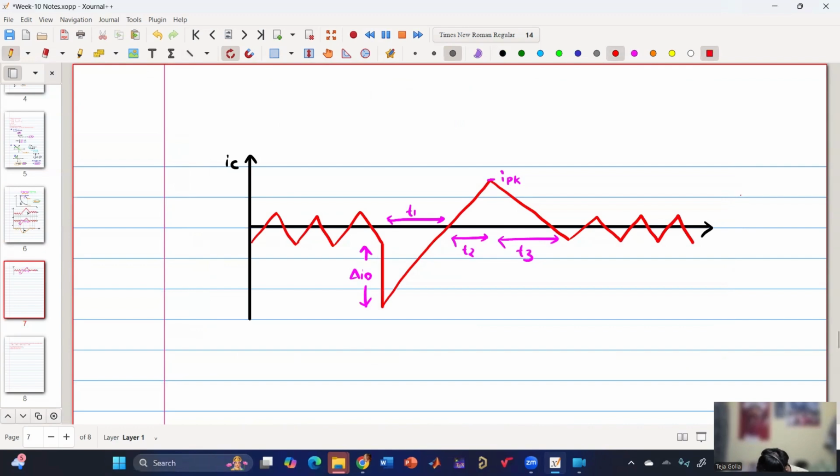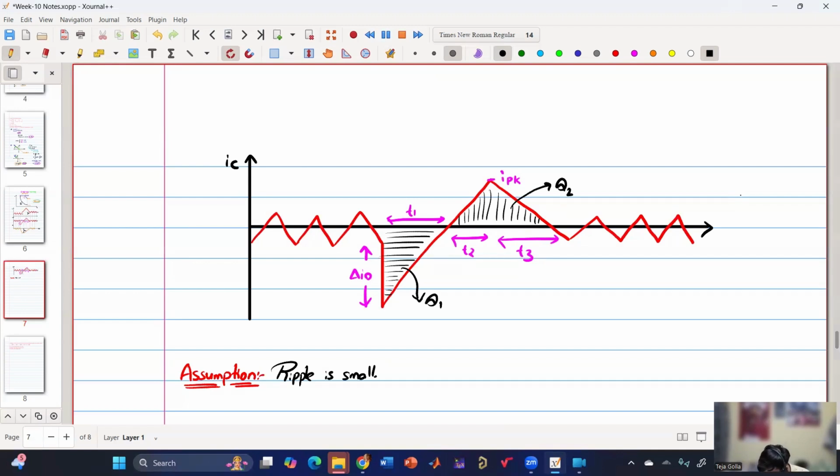I will highlight it here: ripple is small. So now we are going to calculate this area, and then we are also going to calculate this area. According to charge balance, both should be the same. So Q1 should be equal to Q2.